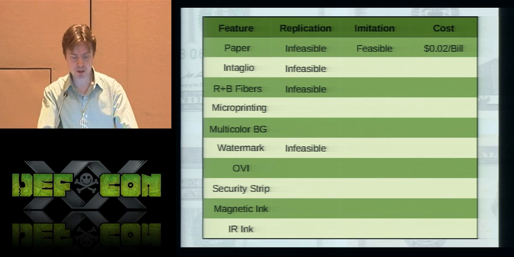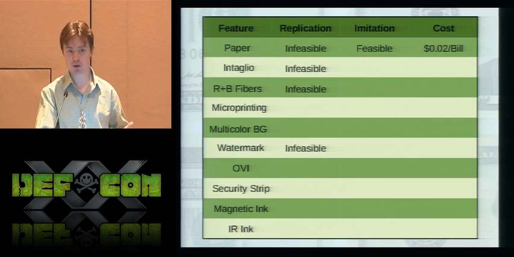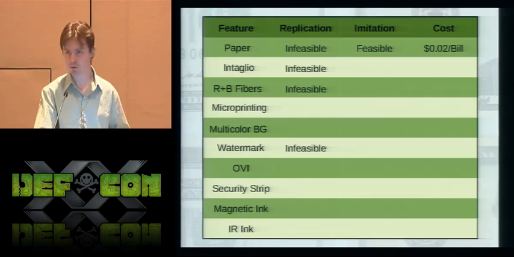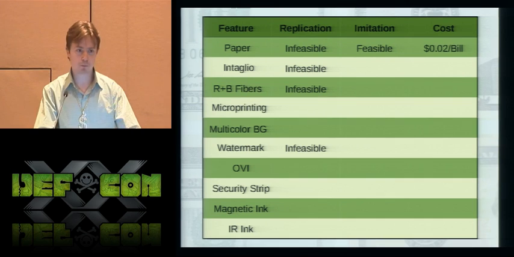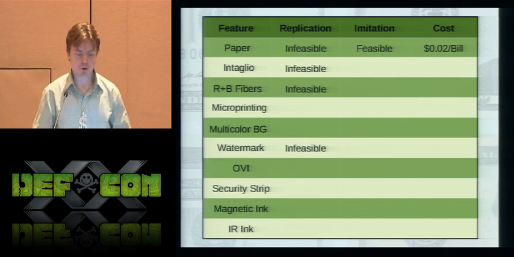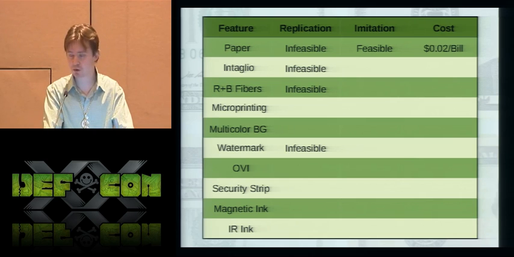So if we wanted to imitate it, we would need an image that would look like the bill, which would include the precision of the microprinting, as well as all the other subtle features of it. And it also might have to replicate the feel of intaglio. If we used a low-tech approach, meaning a retail scanner and printer, we can easily replicate the precision of the images on the bills.